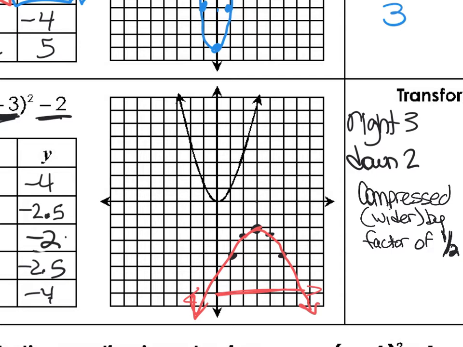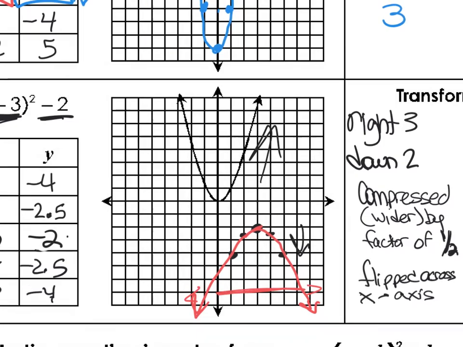Now the negative also tells me this was facing up, now it's facing down, so it also flipped across the x-axis. And it's always flipped across the x-axis if it's a negative a.